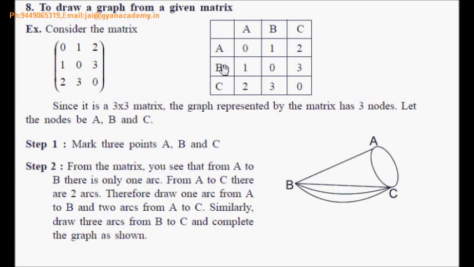A to B is again 1 arc, which is already mentioned over here. B to B is 0, B to C is 3, so we draw 3 arcs here in this way, because B to C is 3, or C to B is 3, C to A is 2 already, and C to C is 0. It's just the reverse process of constructing a graph from a matrix.